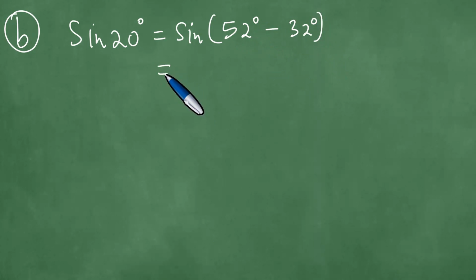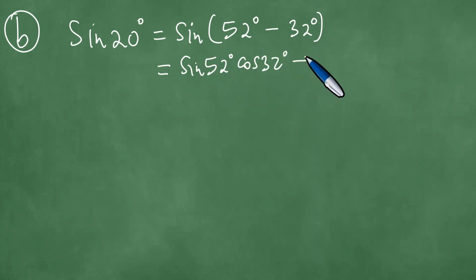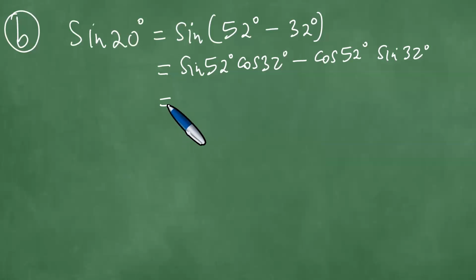This is exactly the same as the sine of 52 degrees cosine 32 degrees minus cosine 52 degrees sine of 32 degrees. So what is this? This is exactly the sine of 2 times 26 degrees.